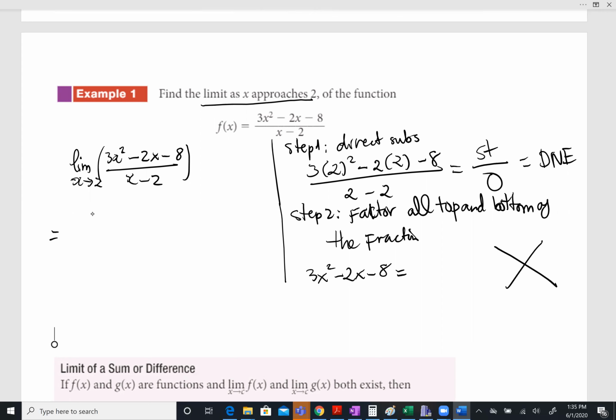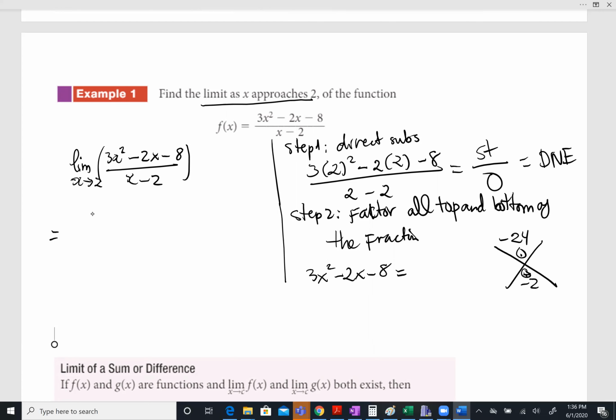Using the AC method, 3 times -8 equals -24, and the middle coefficient is -2. So I need two numbers whose sum is -2 and whose product is -24.